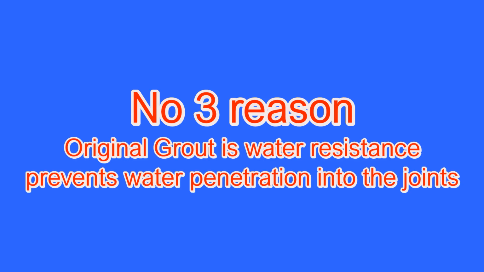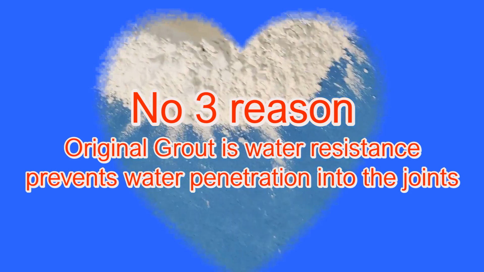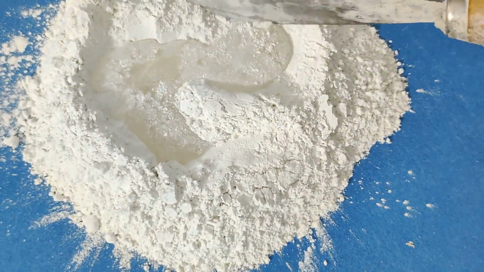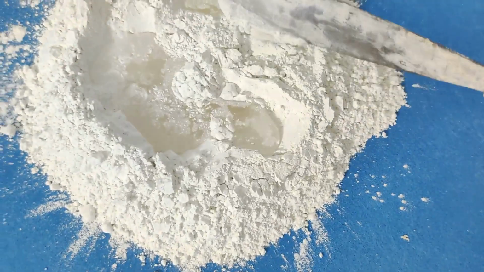The third one is that grout is water resistant, and as a result, once you apply it, it's going to resist anything liquid going into the cracks, to go inside and hide there and create a good environment for growth of other things.